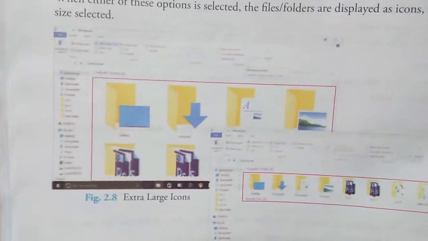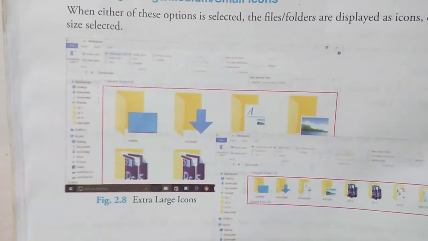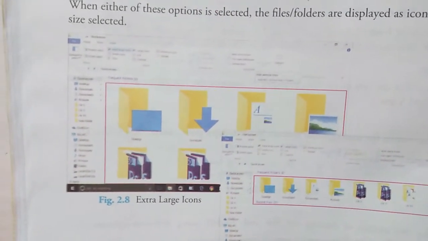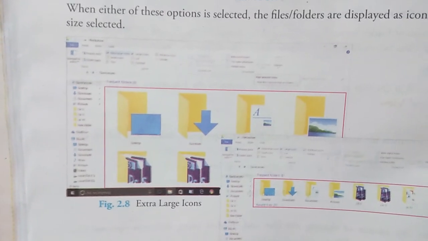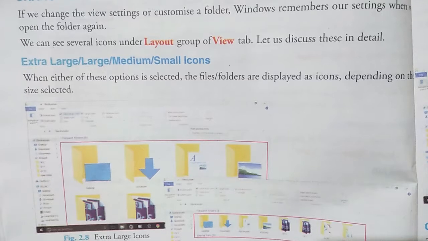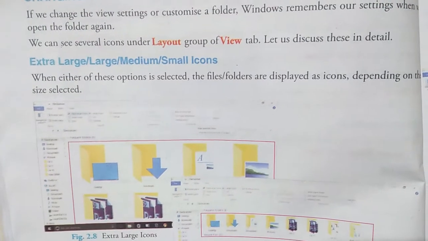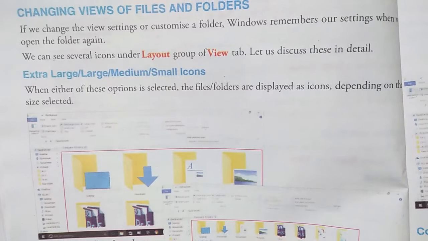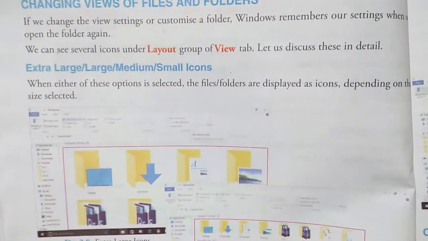Now here you can see there are so many folders. Folders look like this. Inside these folders there are so many files. So, extra large or large, medium, small icons. When either of these options is selected, the files and folders are displayed as icons depending on the size selected.